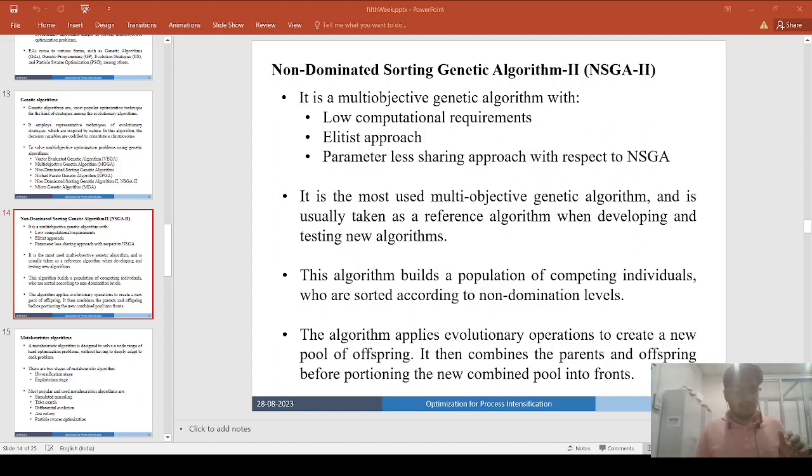Now, out of these six genetic algorithms, we have discussed one, but there is another family of algorithms inspired by nature like genetic algorithms, known as meta-heuristic algorithms.